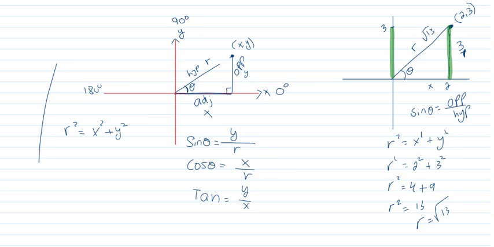Y is positive and the radius is positive. That means sine is positive. For cosine, x is positive over r is positive, so it's going to give me positive. Tan, y is positive, x is positive, right? Because they're both in the first quadrant, both x and y are positive, it's going to give me a positive. Okay? That's why in quadrant 1, the acute angles, they're going to be all positive.